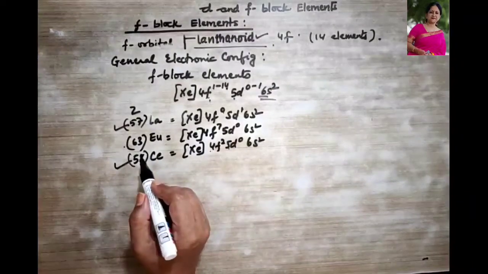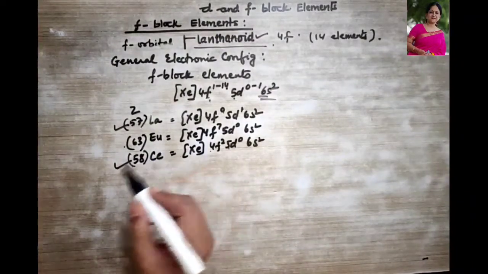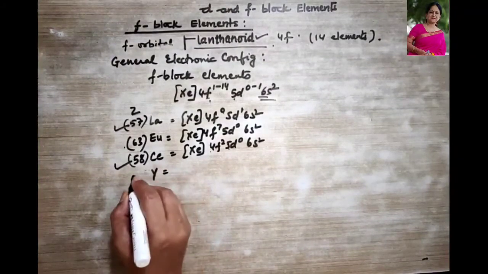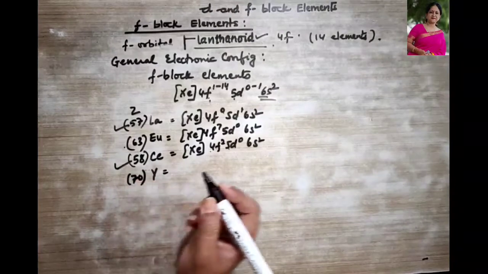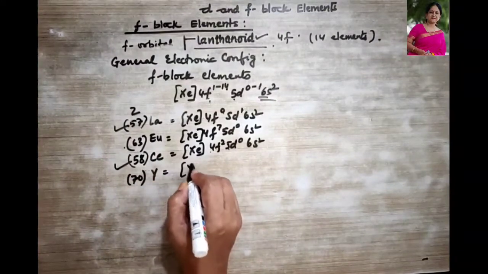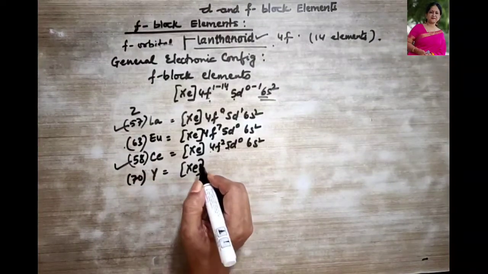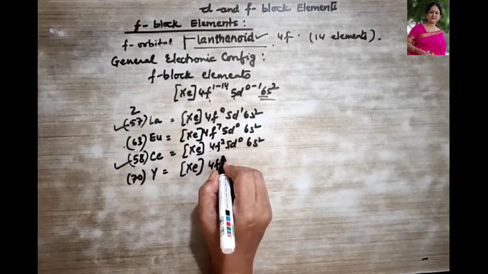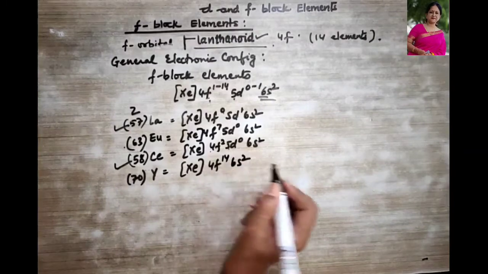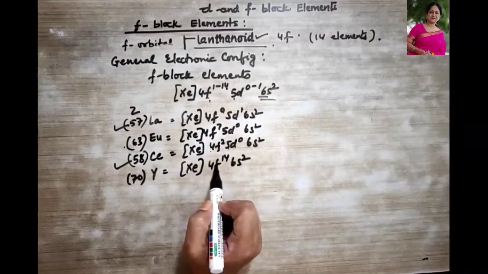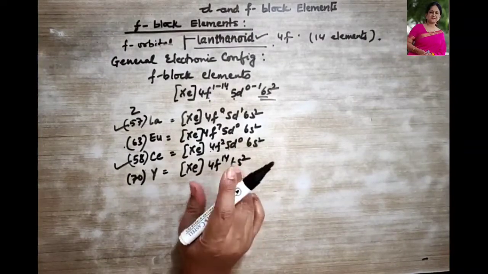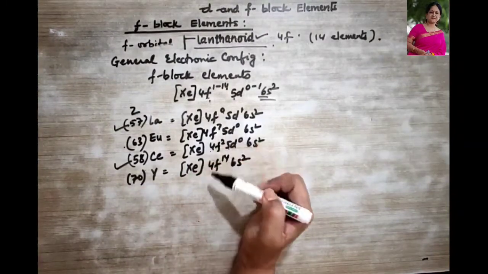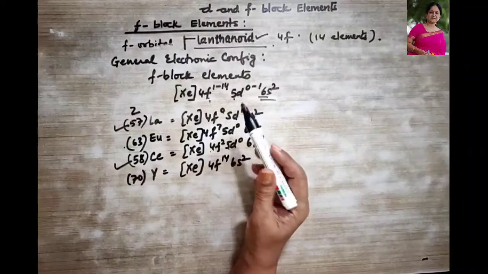Similarly, if you see the configuration of ytterbium, whose atomic number is 70, right? And if we configure this, we get xenon 4f14 6s2. So over here, what did we see? That the filling of the 4f orbital is absolutely irregular, right?